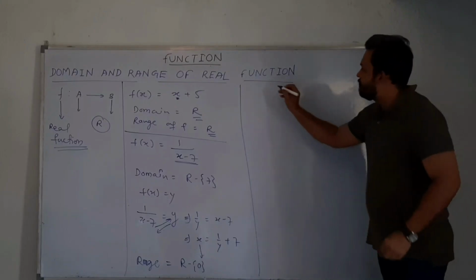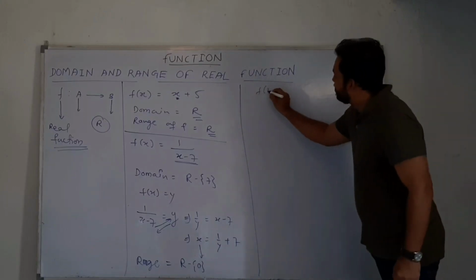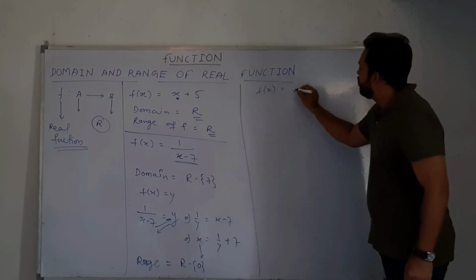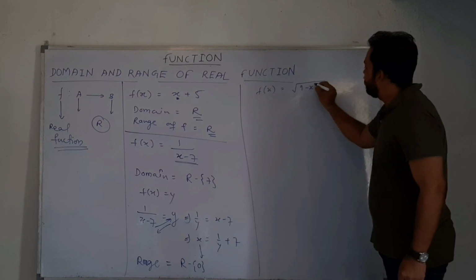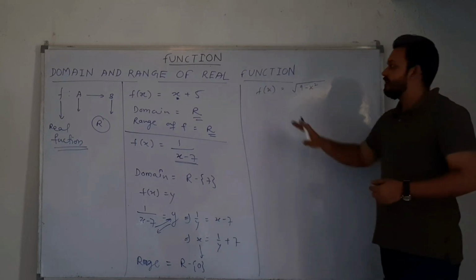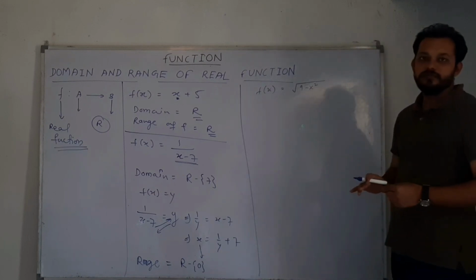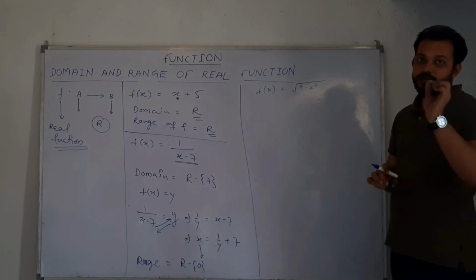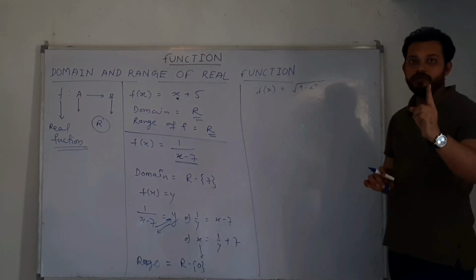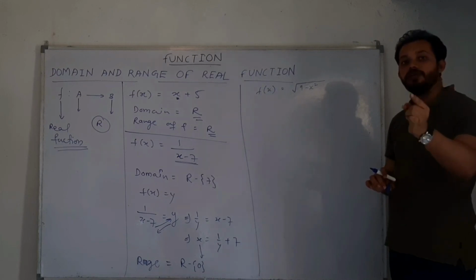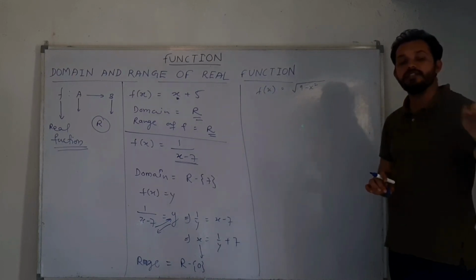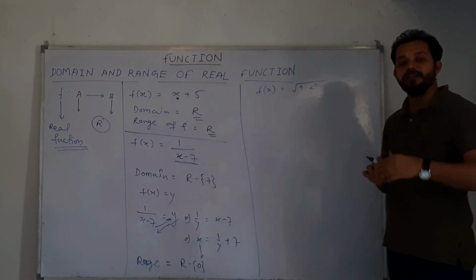We have a function f(x) is equal to under root 9 minus x square. This is our function. Now, whenever we see a root, we know a negative quantity under the root is not defined, it is not a real number.